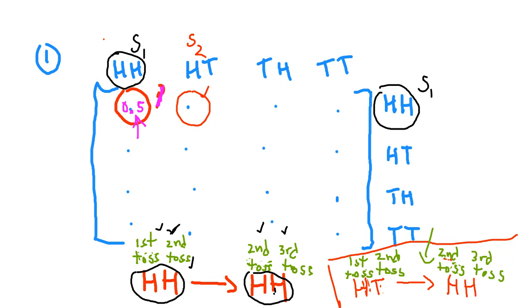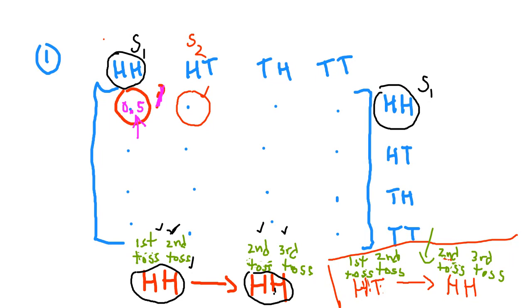So your first toss is a head, second toss is a tail. Can you go from that to the second toss being a head and the third toss being a head?